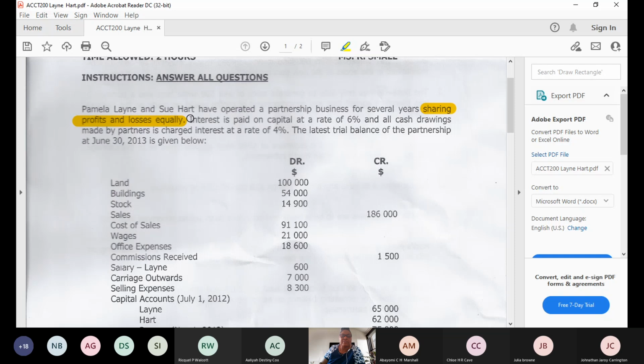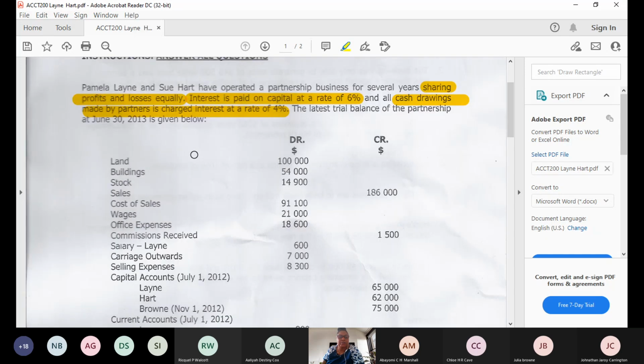And just remember that these percentages are per annum percentages, okay? So interest is paid on capital at a rate of 6%. And all cash drawings made by partners are charged an interest rate of 4%. Remember, again, these percentages are per annum. The latest trial balance of the partnership at June 30th, 2013 is given below.